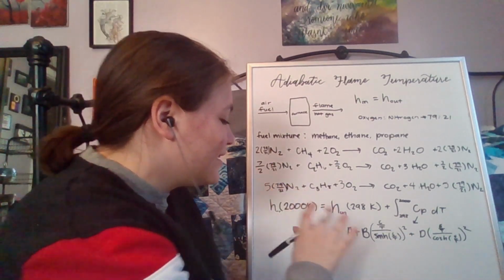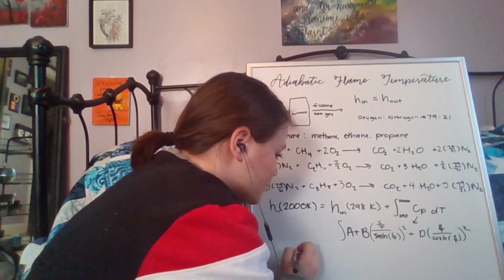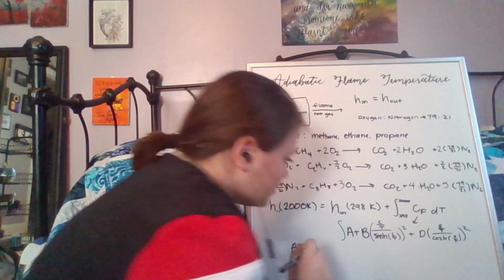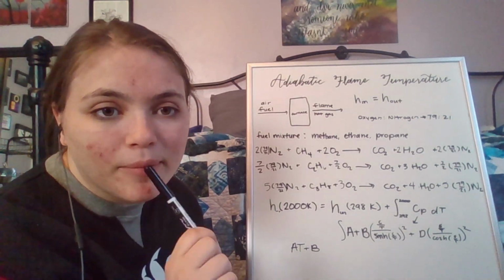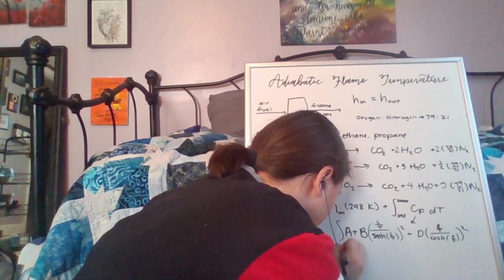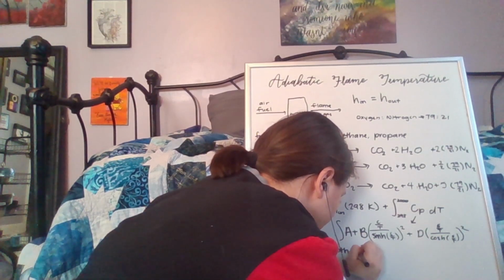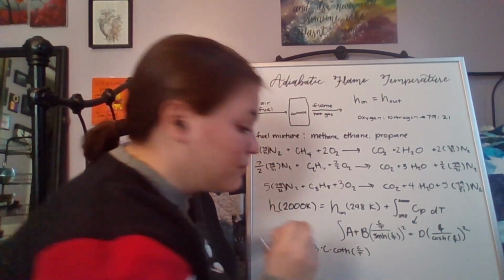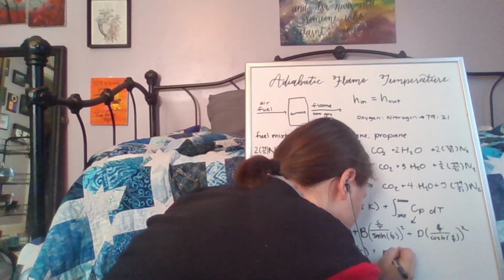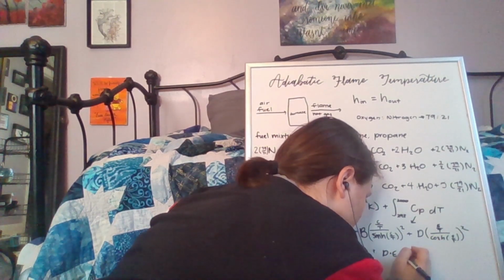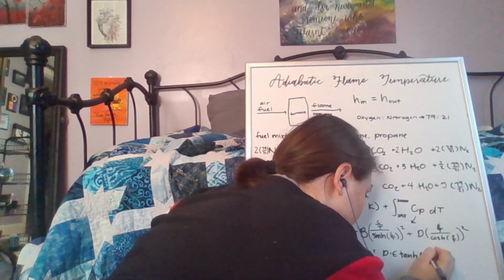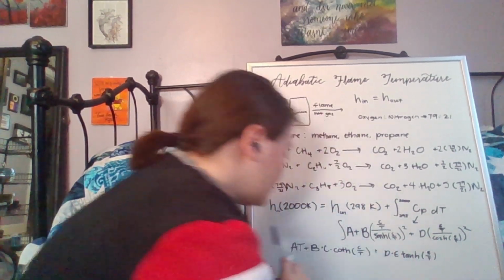Integrating this ends up being A times T plus B times C times hyperbolic cotangent of C over T. The second part is pretty much the same thing with the other constants, so D times E times hyperbolic tangent of E over T. And so that is our integral.